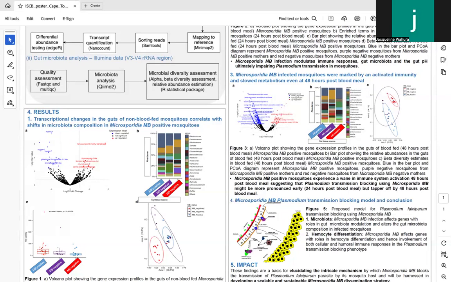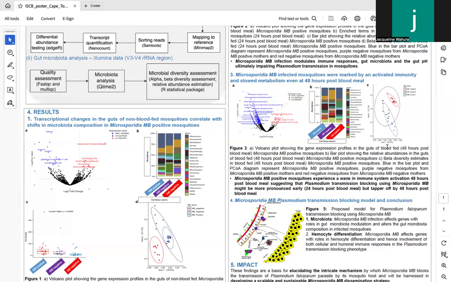In addition, Serratia and Pseudomonas, initially proliferating with blood feeding, had relatively low abundances at the 48-hour time point, similar to what was observed with the non-blood fed mosquitoes, and this could be playing a role towards the waning of immunity at this particular time point.